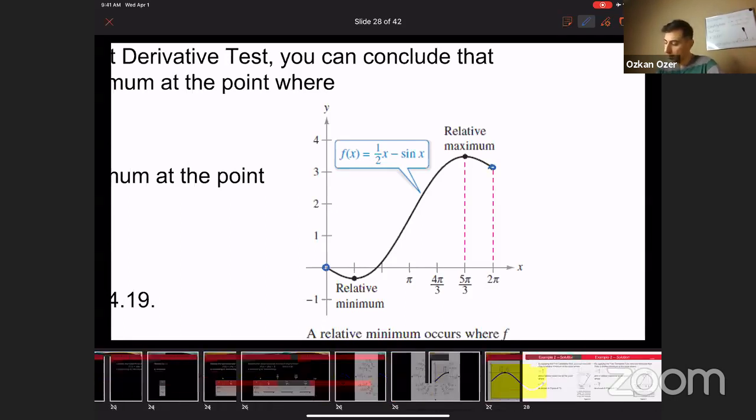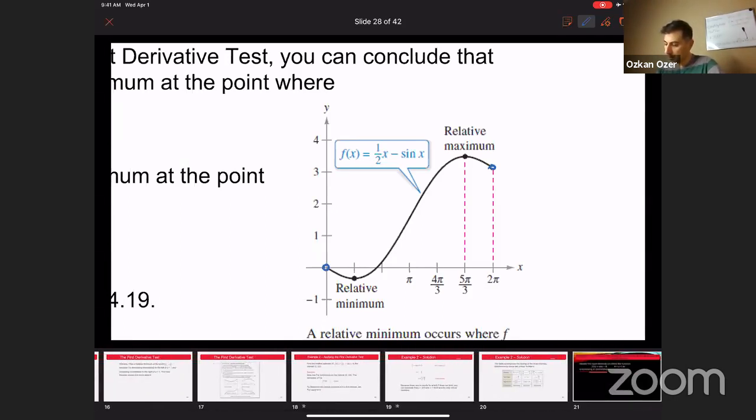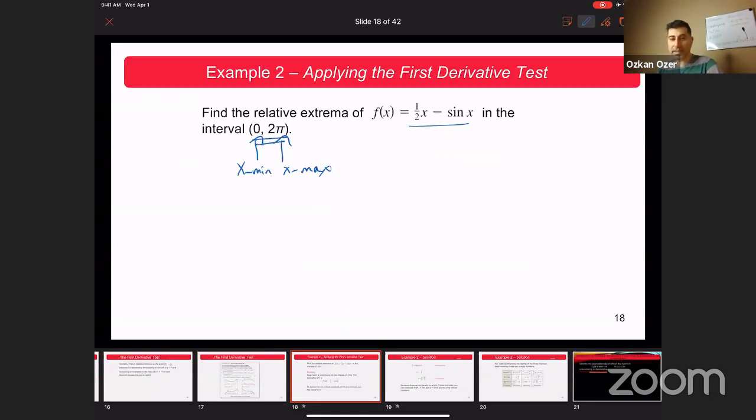If you've convinced yourself, you can go ahead and look at f prime. So what is f prime? Well, remember, we're trying to determine the critical points. f prime in this case is 1/2 minus cosine x.